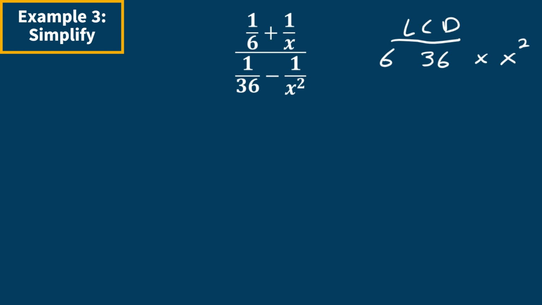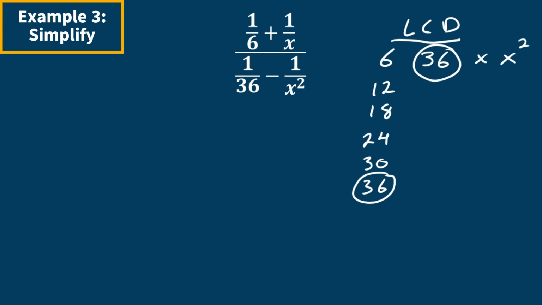So for the numbers, what we do is we find the multiples of each one, and when they come up to a number that is similar, we stop. So for 6, we got 6, 12, 18, 24, 30, 36. So we can see that 36 is going to be the LCD for the numbers.